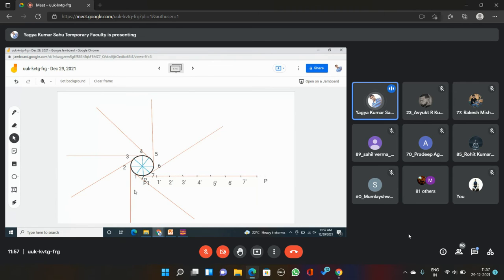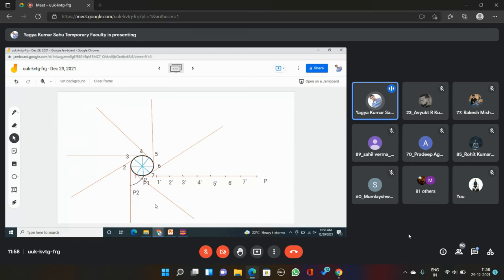Then what about second point? Radius P2 dash, center point 2, draw arc up to tangent passing from 2. Like this. Okay. So you'll get P2.